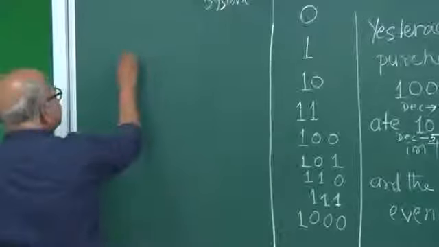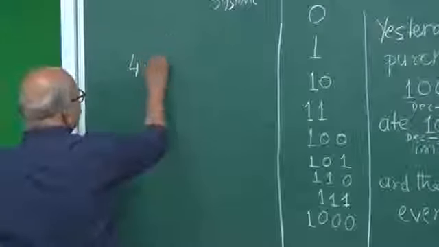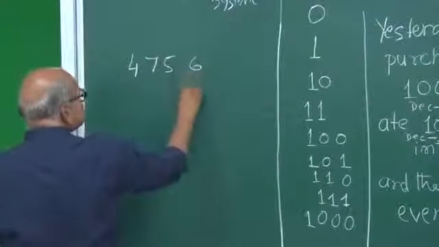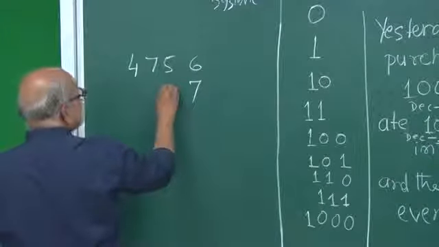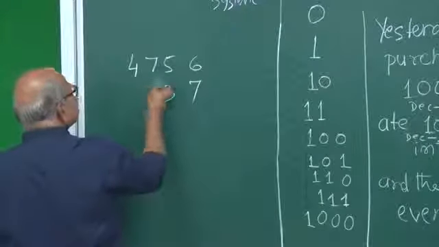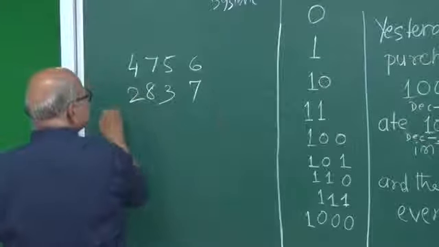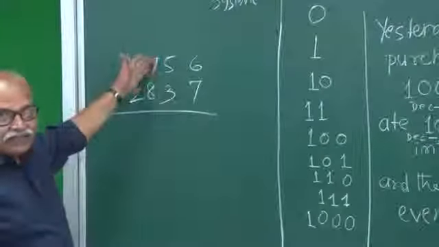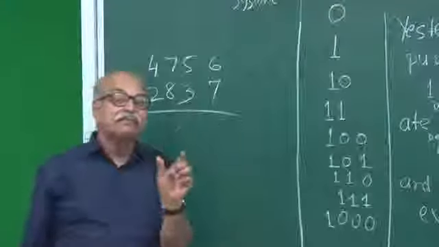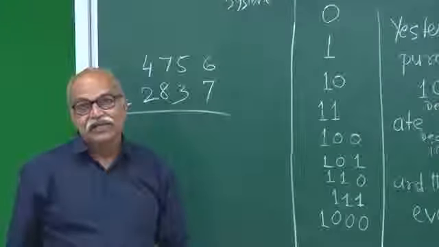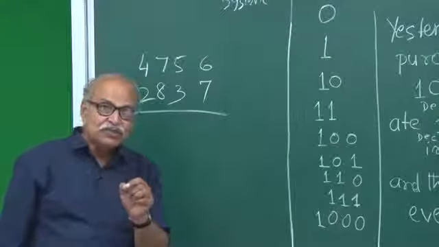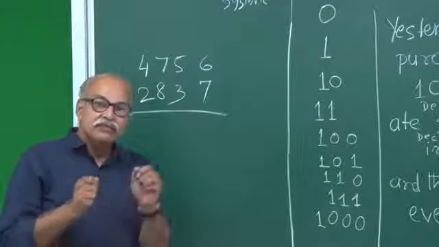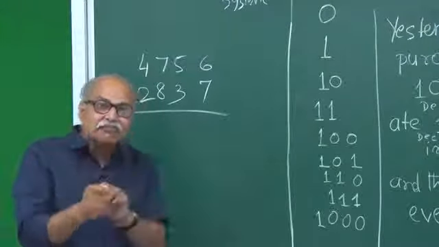So, let us take these numbers, let us say 4, 7, 5, 6, then let us write 7 here, 3 here, some 8 here, 2 here. We have to add any two numbers. What is the basic rule I should know? The basic rule that I should know is how to add two one-digit numbers.